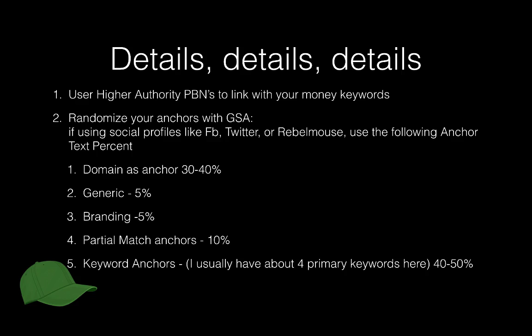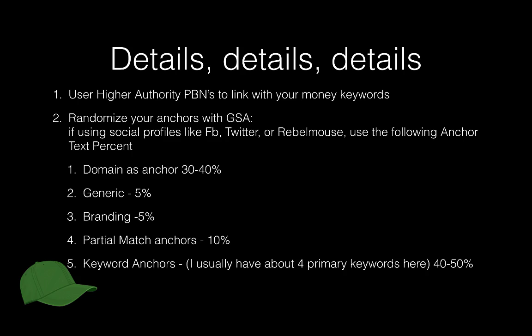Okay, so here's the secret ingredient, I guess you could say. First, we're going to set up our domain as an anchor for 30 to 40%. Now, if you are using GSA, you know what I'm referring to. We'll log into GSA here in just a moment, and I'll show you what I'm talking about. But we want our domain as anchor 30 to 40% of the time.